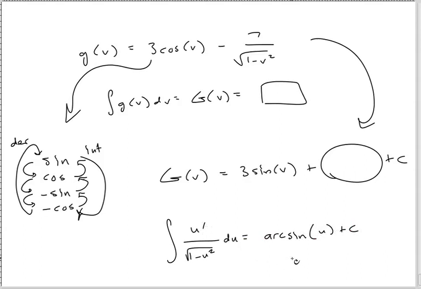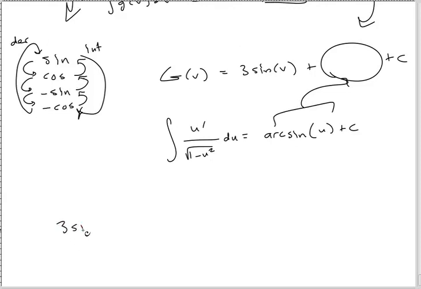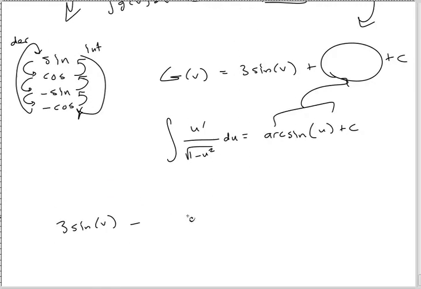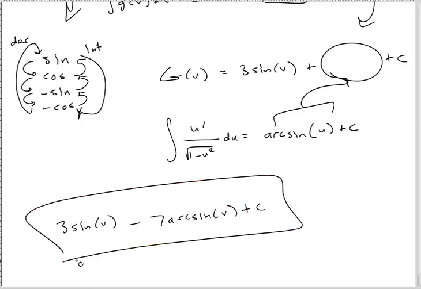You knew that, didn't you? Yeah. So, okay, 3 sine of v, minus 7 arc sine of v, and then plus c. I'm not making this stuff up.